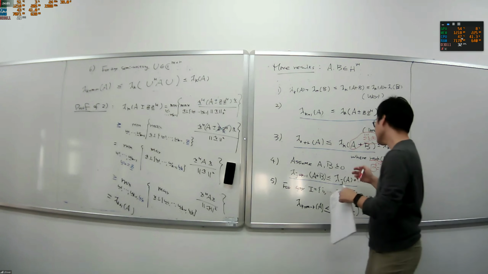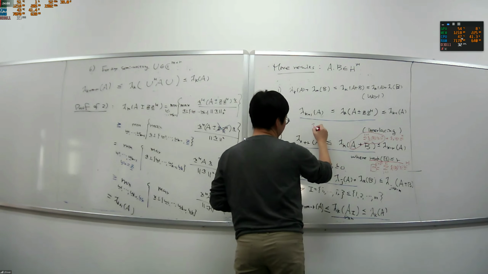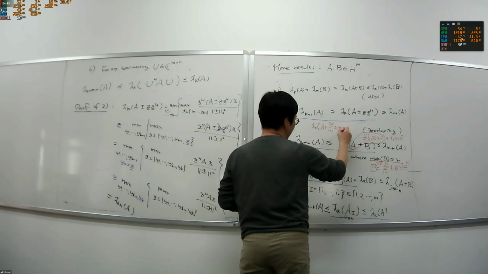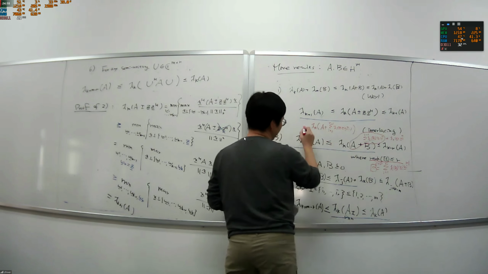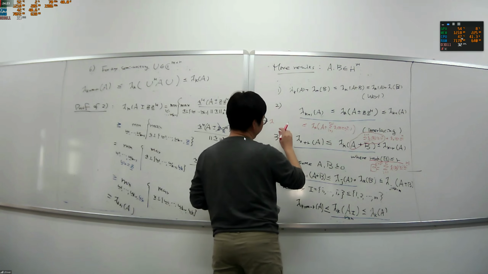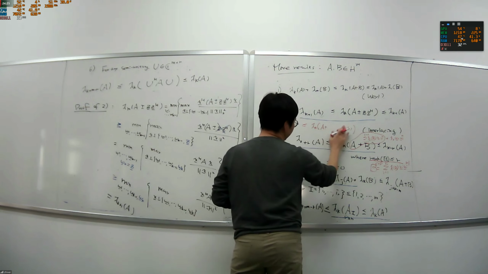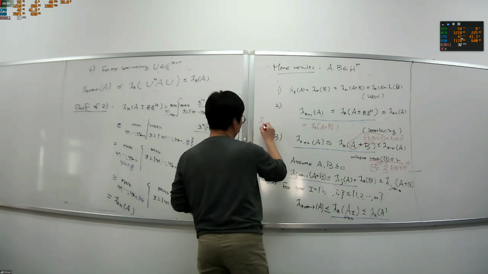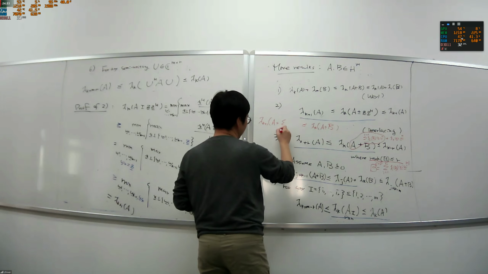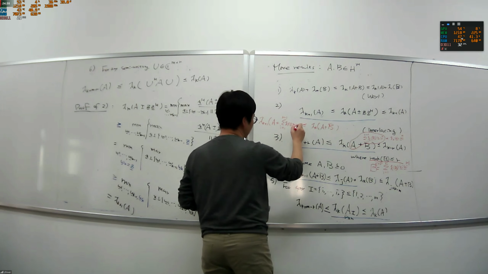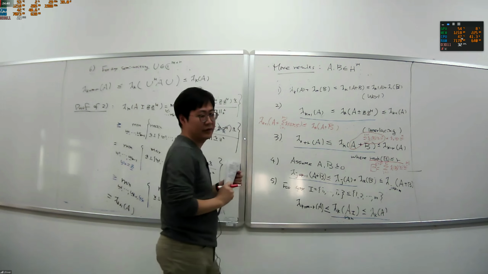So we get that lambda K of A plus the first R minus 1 components, applying this, is lower bounded by lambda K plus 1 of A plus the first R minus 1 components.